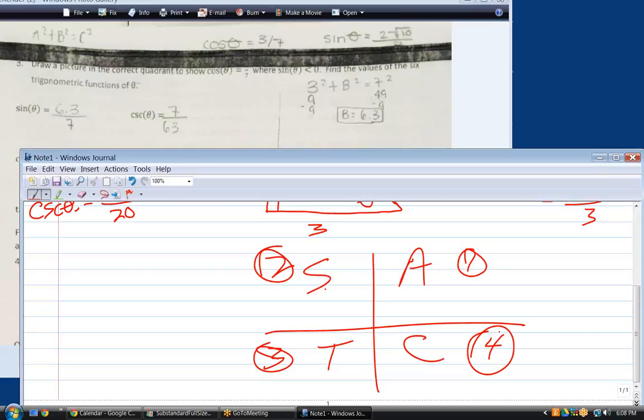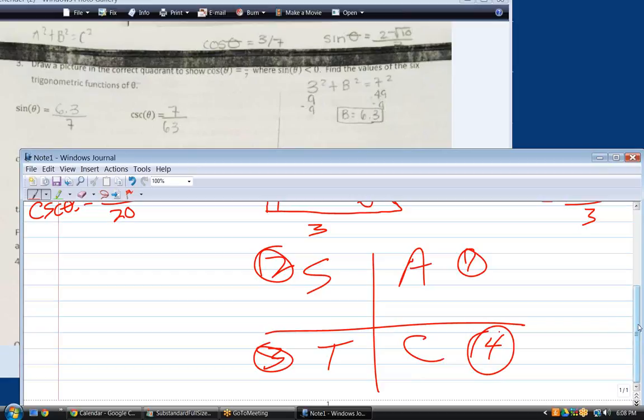Any reciprocal has the same plus or minus sign as its reciprocal. The T means only tangent in the third quadrant, and the C means only cosine in the fourth quadrant. So when this problem gives us a positive cosine and a negative sine, it can only be in the fourth quadrant. That's the only place where that's true.